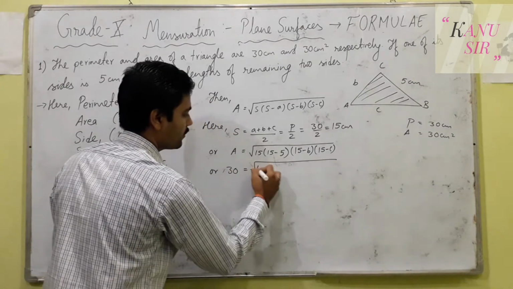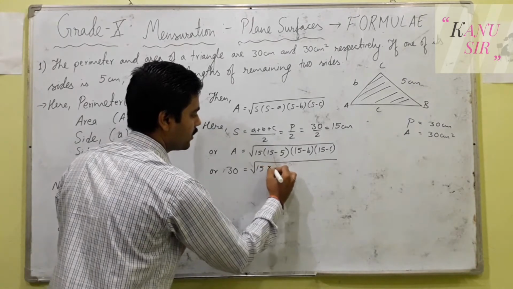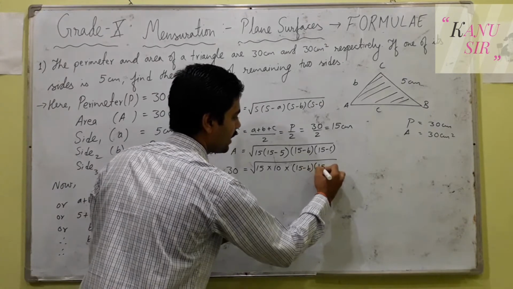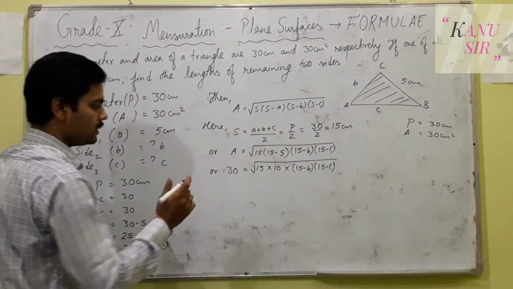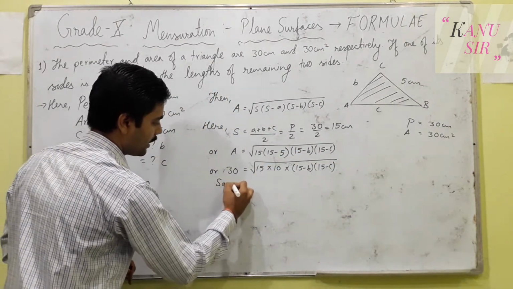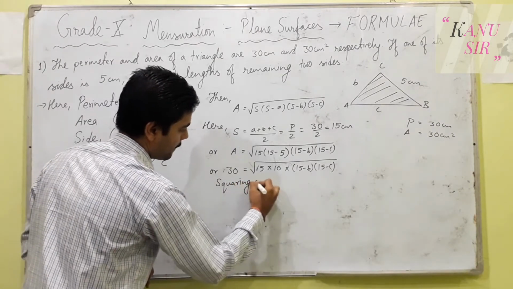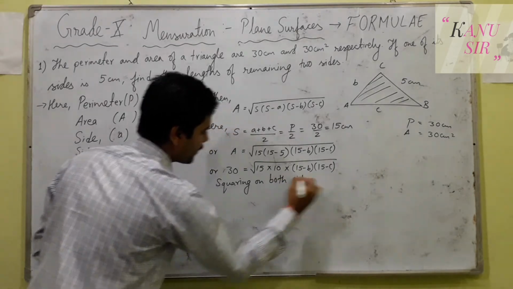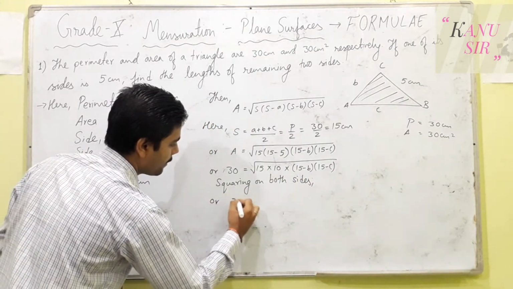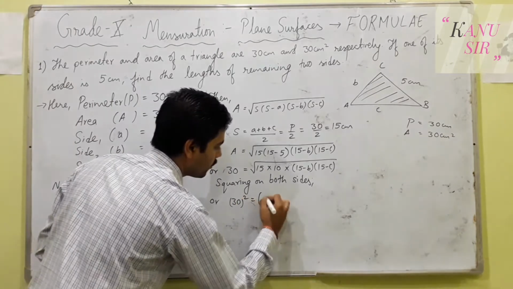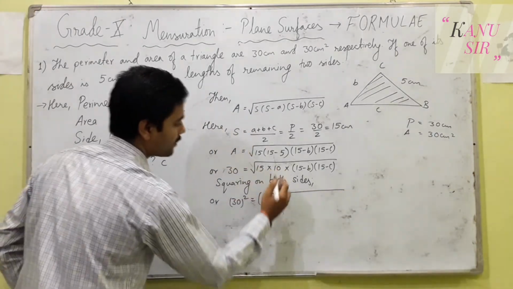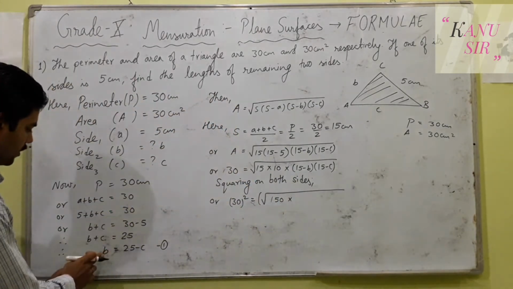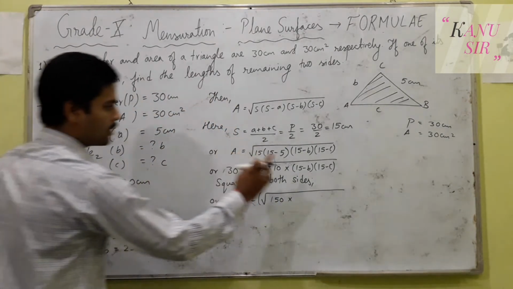Under root 15, 15 minus 5 will be 10, and here will be 15 minus B and 15 minus C. By squaring both sides, you can write now 30 square and the root whole square. 15 times 10 you will get 150, and let us put the value of B in the formula.